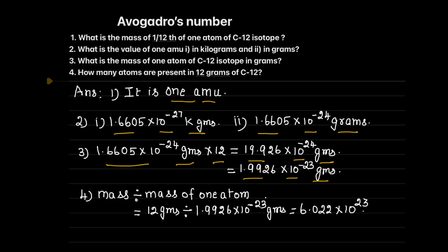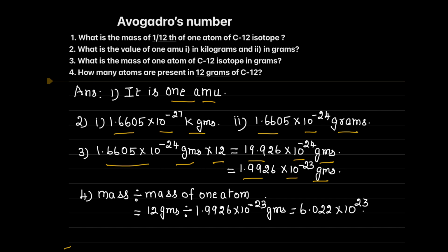Question number 4: how many atoms are present in a sample of 12 grams of C12 isotope? To get the answer, the mass of the sample, that is 12 grams, is to be divided by the mass of one atom of C12, also expressed in grams.